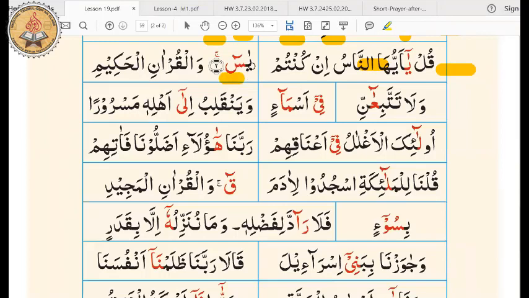ياسين. Yasin. ياسين. Next one, please. القرآن الحكيم. Well done. But you need to practice a bit how we produce the thick sounding letter and how the thin one. So وَالْقُرْآنِ الْحَكِيمِ. والقرآن الحكيم.